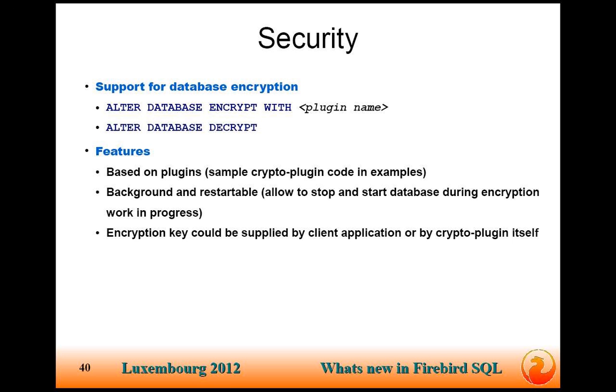By itself, automatically. On first connect, of course. Firebird can't start itself. I mean, when the first attachment to the half encrypted database occurs, it will again start this background process and continue to encrypt or to decrypt the database.